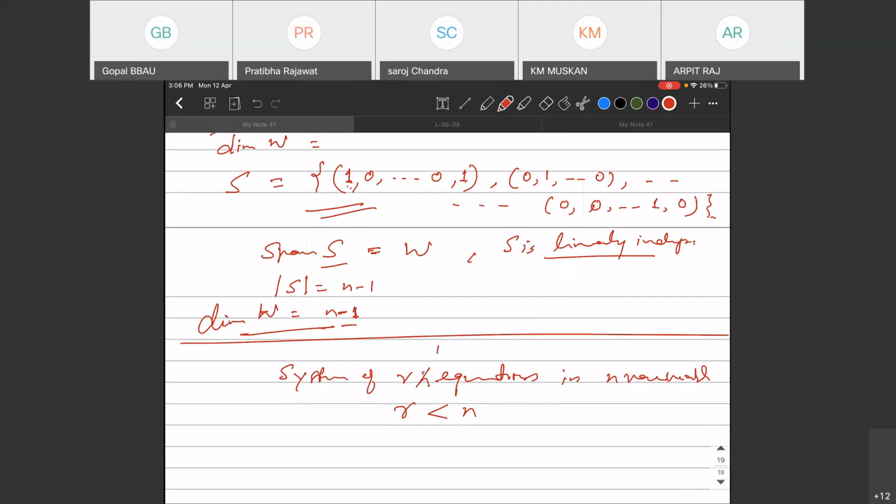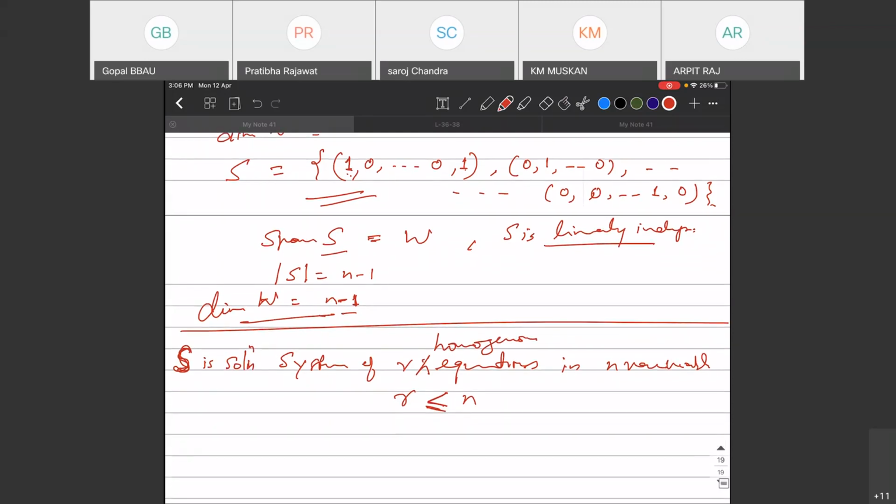Call the solution set S, the solution space of the system of r homogeneous equations in n variables. Then the dimension of this space will be n minus r.